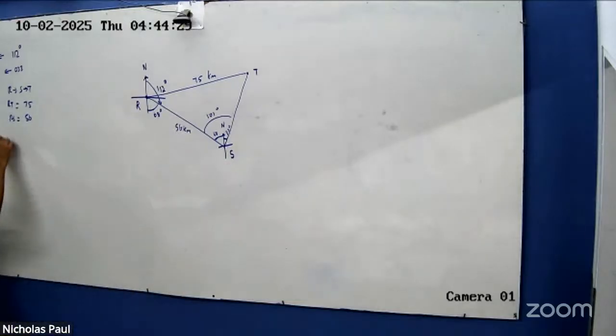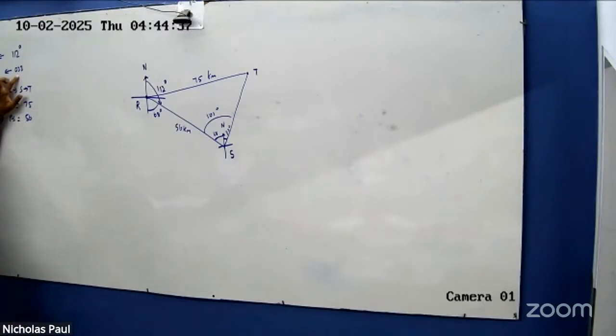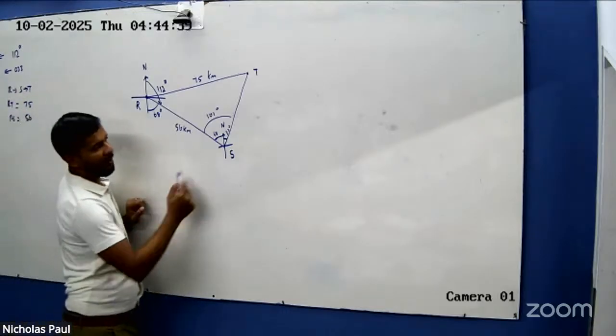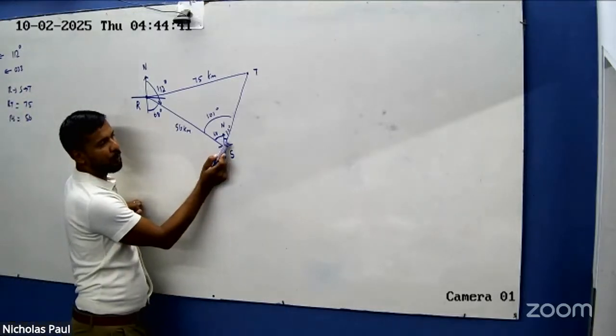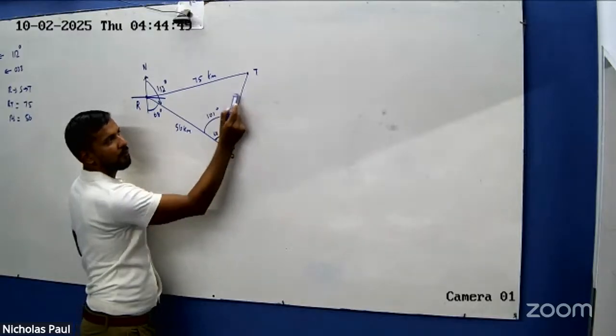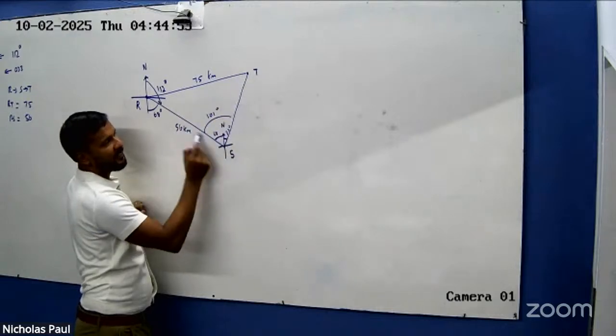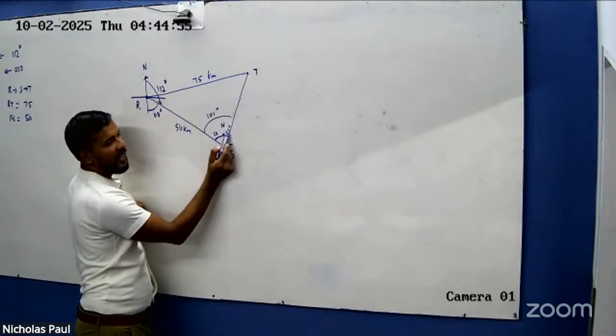Now that I'm at S, I go in S to T. Right? On a bearing of how much? 33. So on a bearing of 33, right? So I'm starting at north. This is north. And I'm going in a clockwise direction, 33 degrees. And I go up and I meet with T. I just draw a line to connect it up and create my triangle. Here is 33.